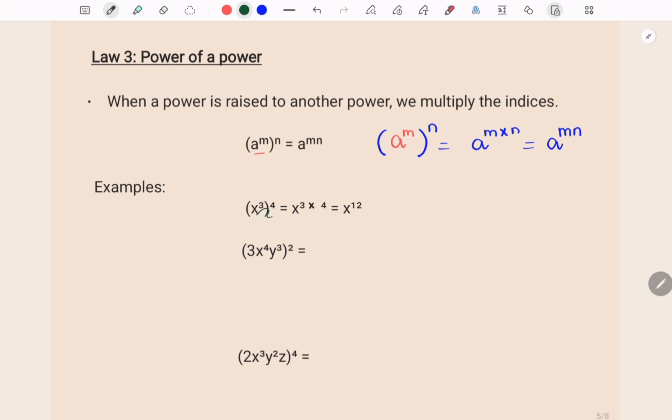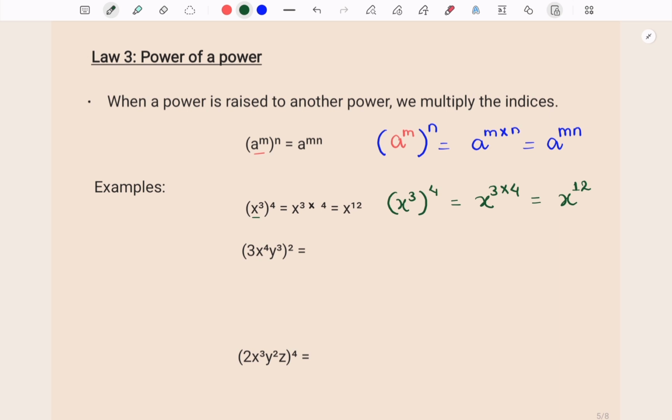Look carefully, we have x raised to the power 3 and then we have the whole raised to the power 4. Right? So x raised to the power 3 and all raised to the power 4 can be written as x raised to 3 into 4. So the final answer would be x raised to the power 12. I just multiplied all the powers.